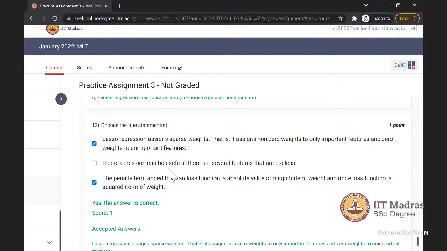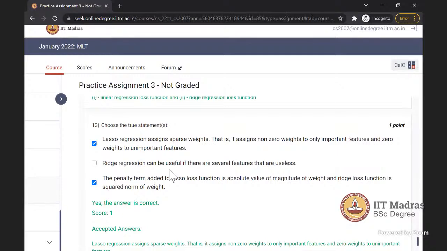Both are regularization techniques, and in general, if there are useless features in the data set, you apply a regression model, whether polynomial with k greater than 1, or linear regression with k equal to 1. After fitting the model, you can analyze the weight vector and figure out whether you have useless features or not. So ridge regression has no inherent advantage in this situation.